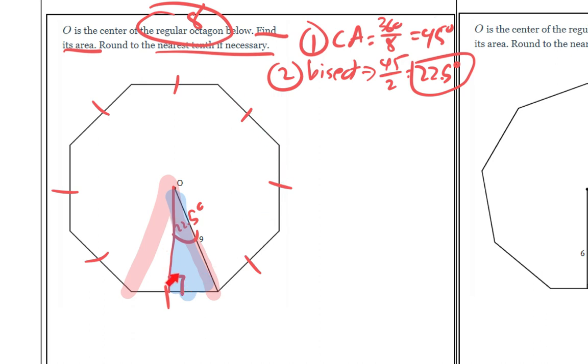So that's how we're going to use our trig to find the answer for the whole thing. To find the area of a triangle, the area is equal to 1/2 times base times height, right? Okay, so let's keep that in mind.